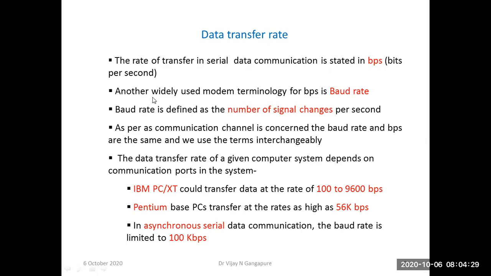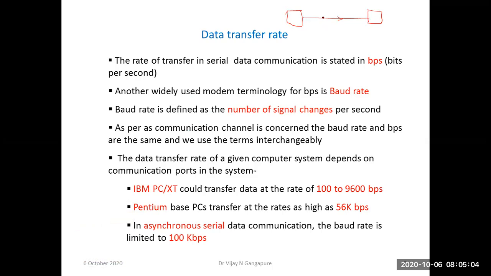Another widely used modern terminology for data transfer rate is baud rate, and baud rate is defined as the number of signal changes per second. On a serial communication channel, suppose in between these two devices, which are two serial devices, serial communication is happening.